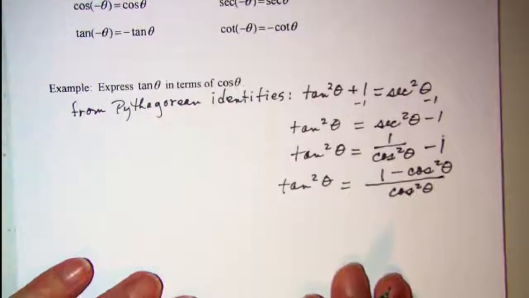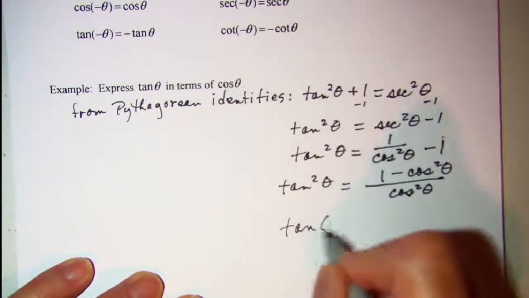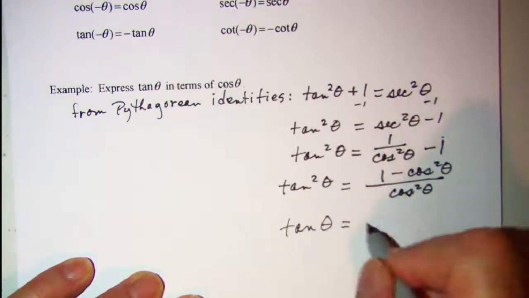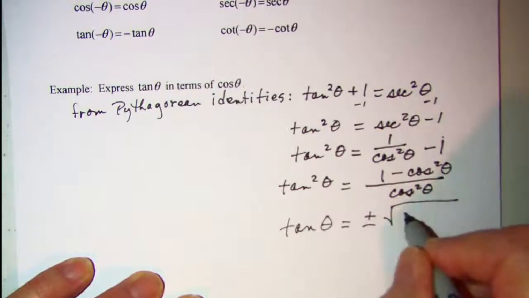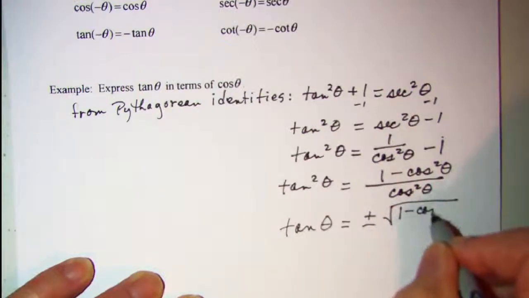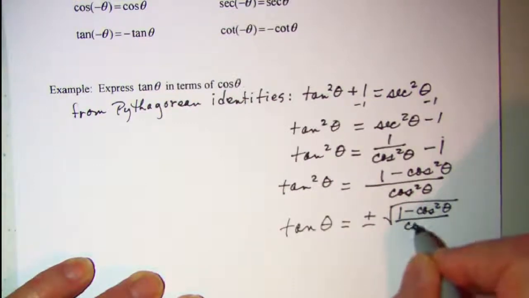And then when I square root both sides, I get tangent theta is equal to plus or minus the square root of 1 minus cosine squared theta over cosine squared theta.